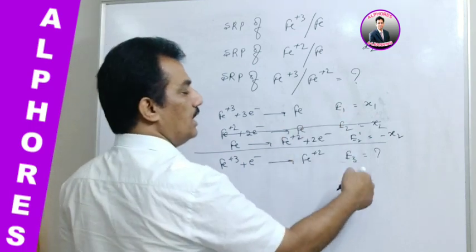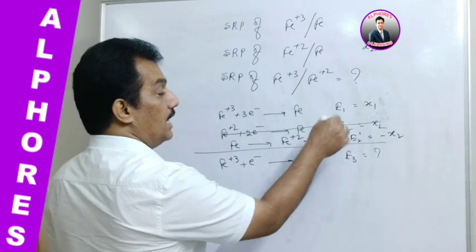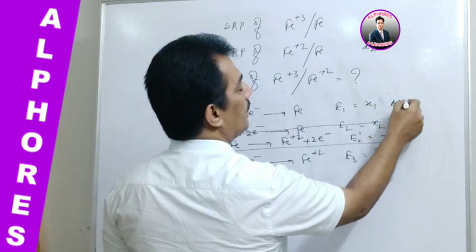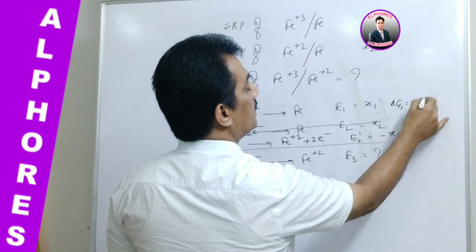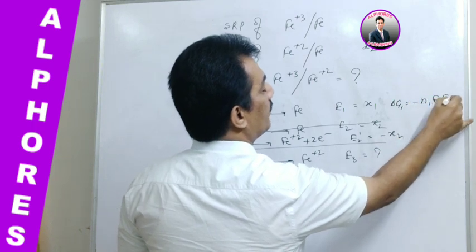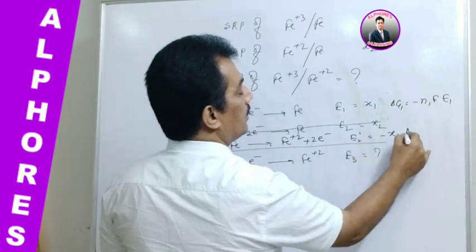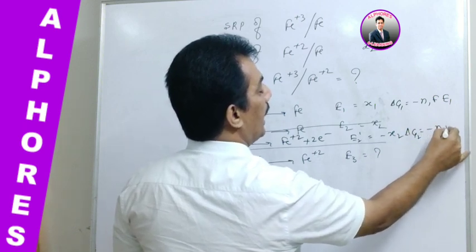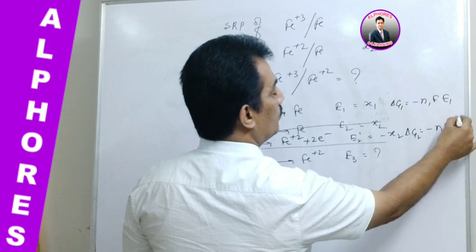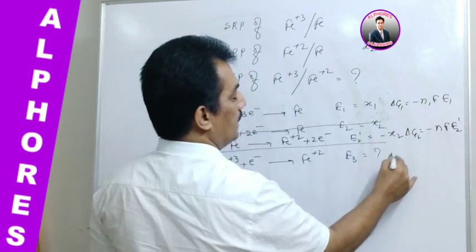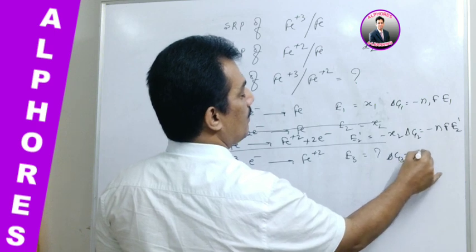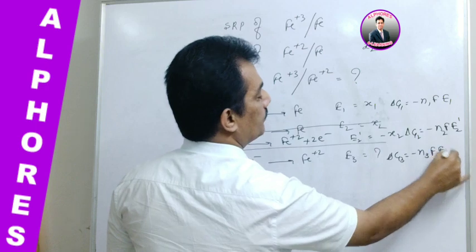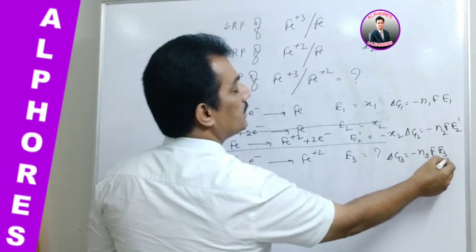Clear? And now let us consider the delta G considerations. Here delta G1 is equal to minus n1 F E1. Here delta G2 is minus n2 F E2 bar, and here delta G3 is equal to minus n3 F E3. We require this, is it not?